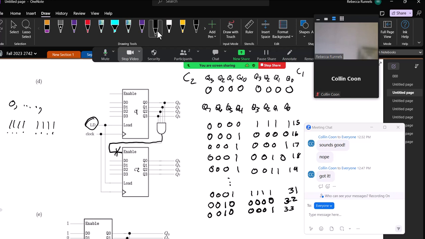And so all 1s is the same as 2 to the 8th minus 1. And 2 to the 8th is, let's see, 2 to the 4th is 16, so that's 16 times 16 minus 1.